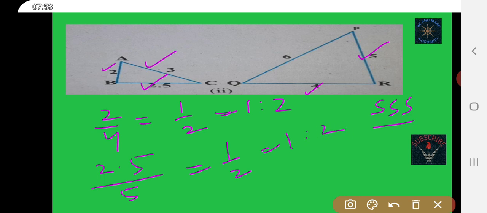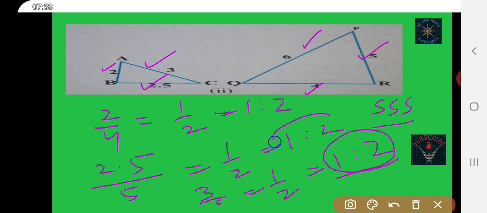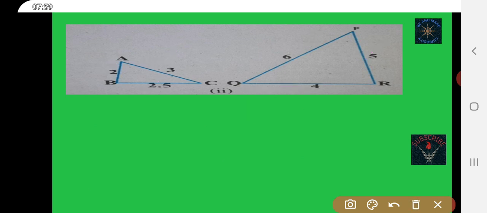Now AC corresponds to PQ, so 3 by 6, that is equal to 1 by 2, so ratio is 1:2, and here you get that the ratios of corresponding sides are equal, so their corresponding sides are proportional, and if their corresponding sides are proportional, then we can say they satisfy the SSS similarity criterion.